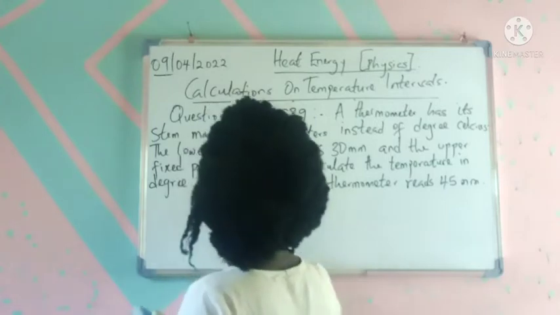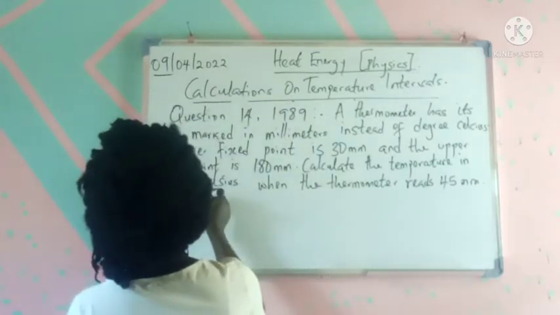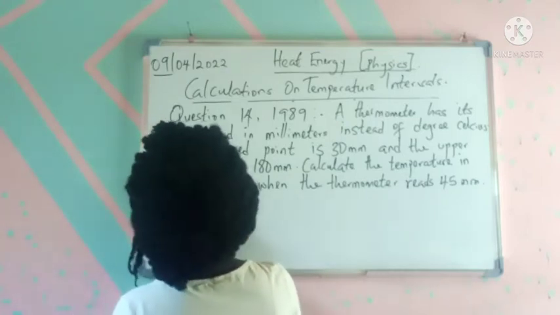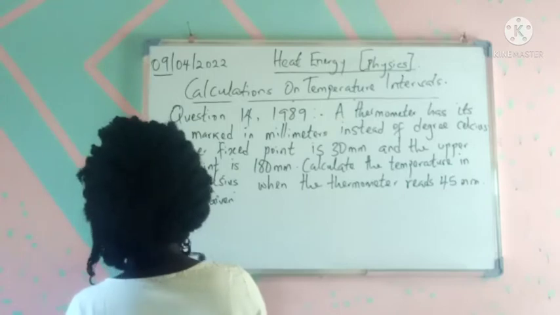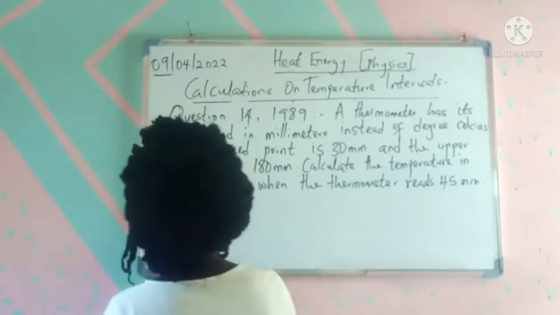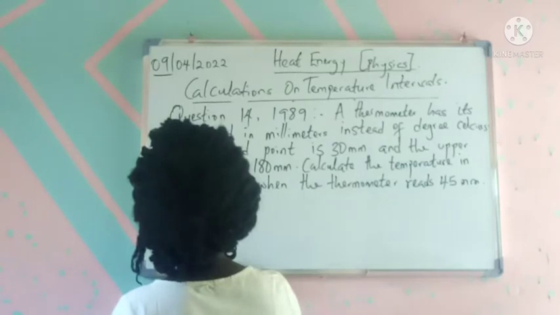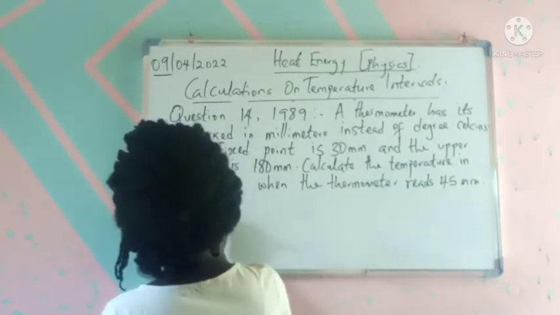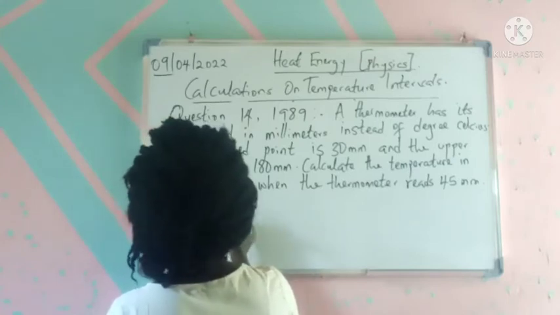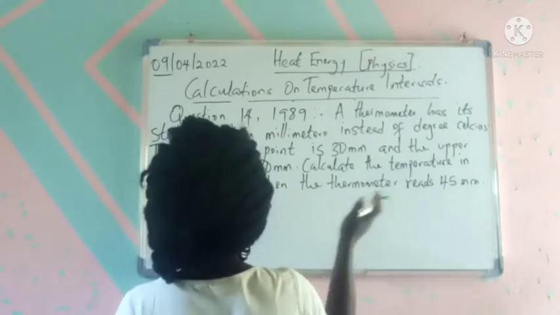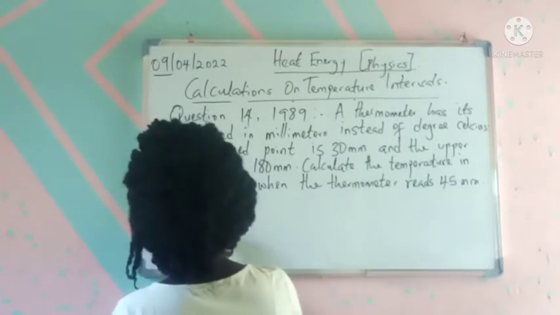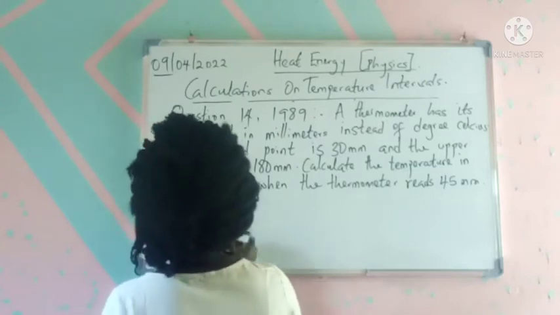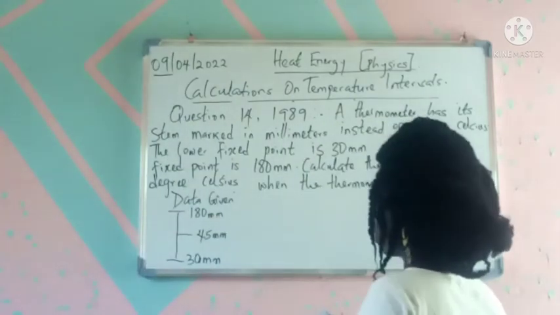So first thing first, data given: we have the lower fixed point as 30 millimeters, and then we have our upper fixed point as 180 millimeters. And finally, we were given that the temperature it's reading presently is 45 millimeters. So 45 should range between the 30 and the 180.